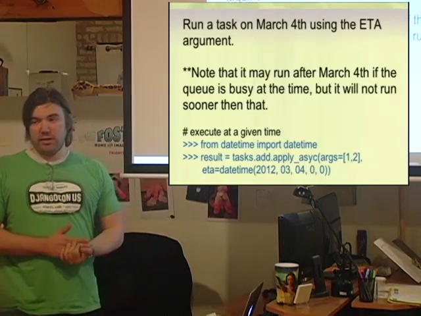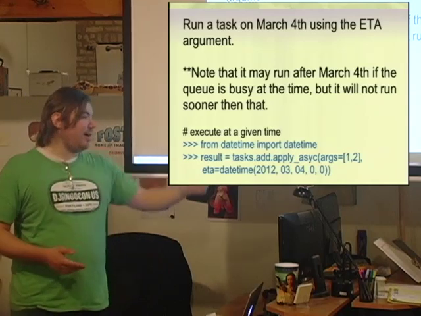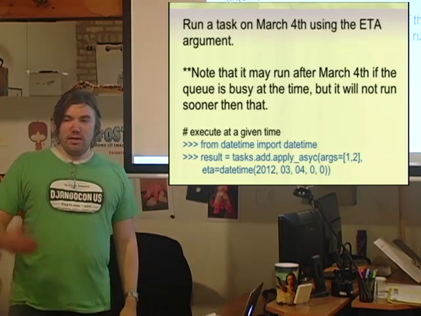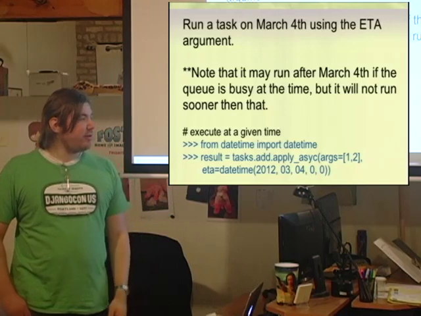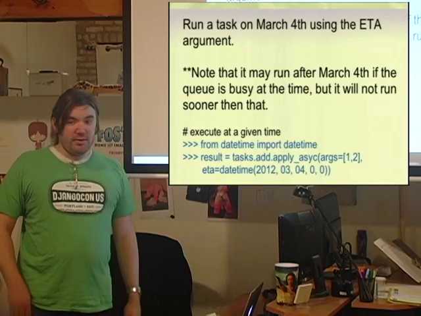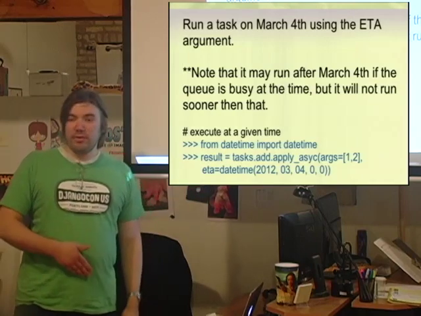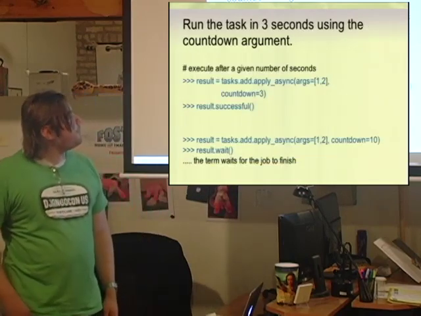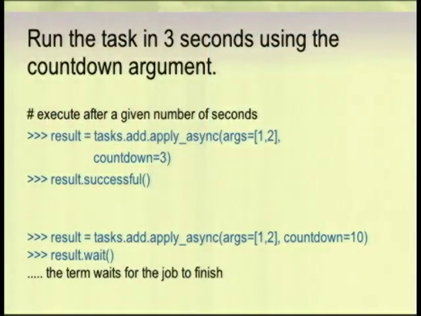Now, if your Celery daemon is not running at that time, it will grab the task and start running it whenever it becomes available. And similarly, if you set a time in the past, it will start running immediately. Another option is the countdown argument, which gives you the time in seconds that you want it to run in the future. So if you just want to say run in a minute, then it will run in a minute.